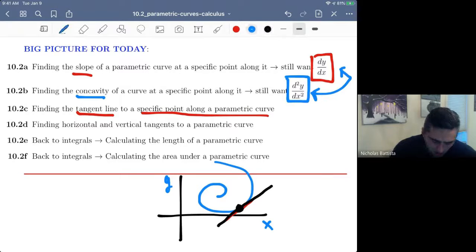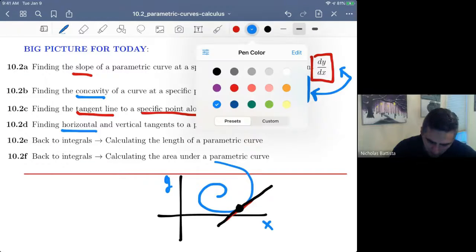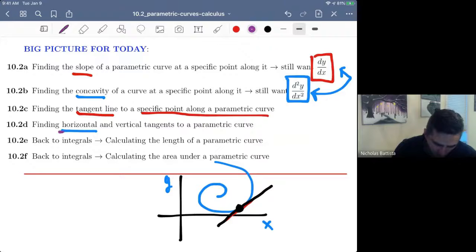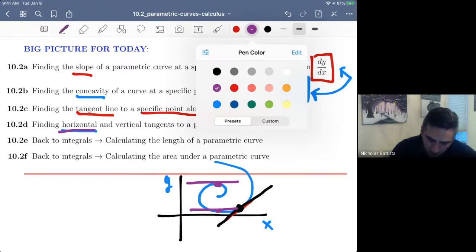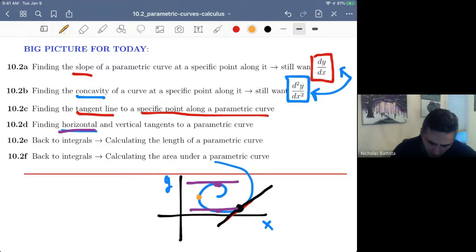Next, we're going to think about what the horizontal and vertical tangents to a parametric curve are. And as you remember from Calc A, a horizontal tangent is whenever the slope equals 0, and a vertical tangent is whenever the slope looks like it's infinite, plus or minus infinity.